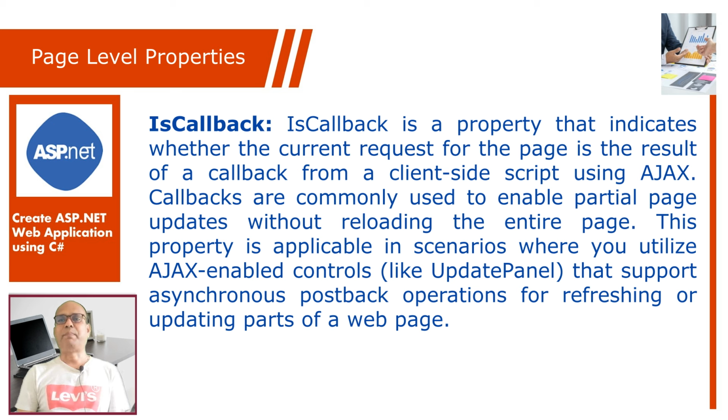This property is applicable in scenarios where you utilize Ajax-enabled controls like UpdatePanel that support asynchronous postback operations for refreshing or updating parts of a web page. Simply, we can say that the IsCallback property indicates if the page's request is a result of an Ajax callback, allowing partial updates without a full page reload.